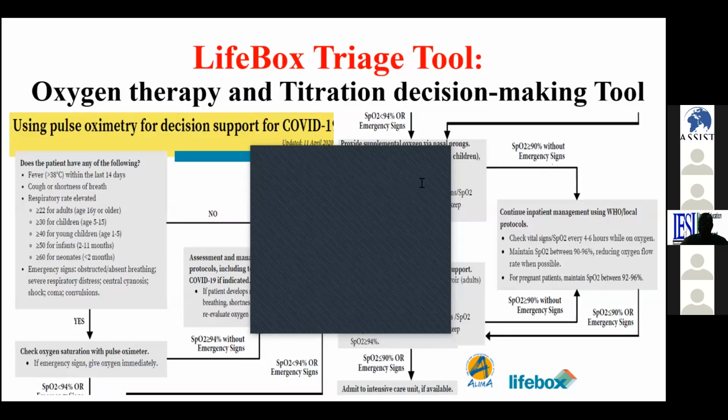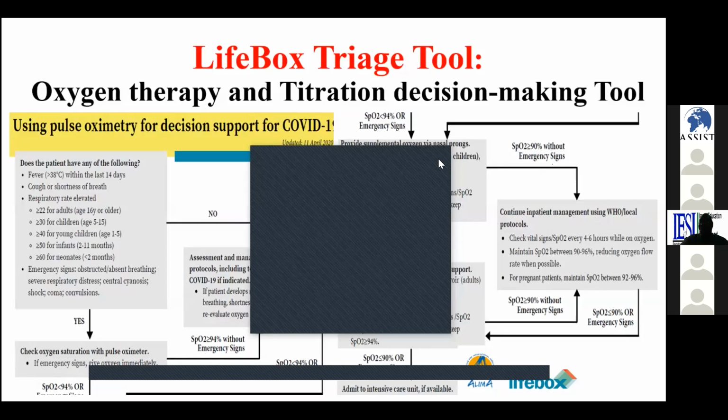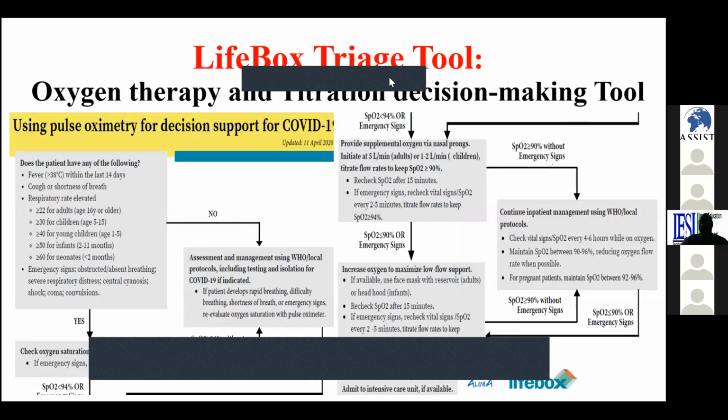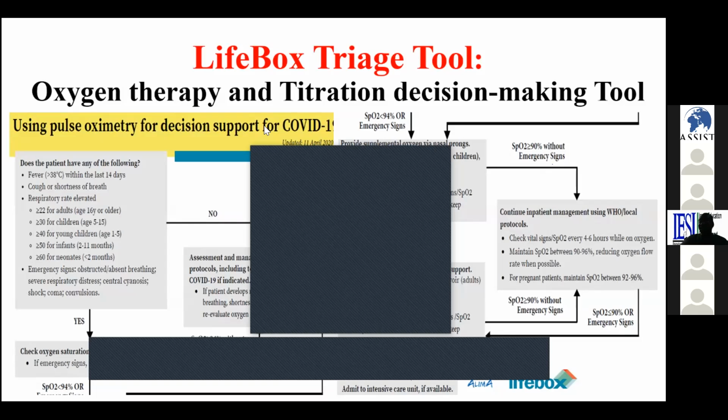Then you see this third stage, when your patient has SpO2 below 90%, it means your patient is hypoxic, or has an emergency sign. Of course, you will increase the oxygen.